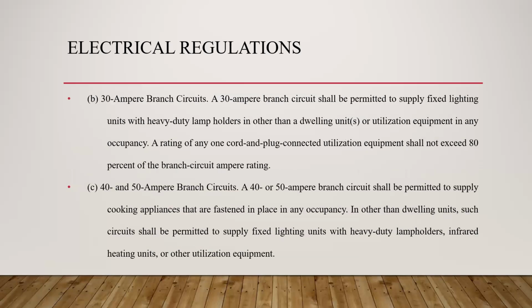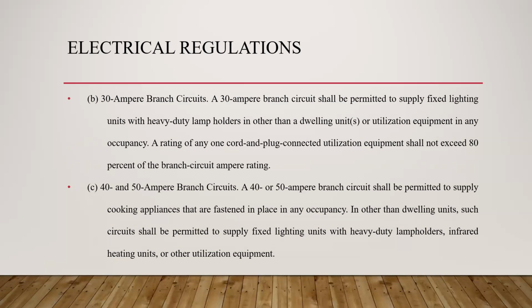Letter B, 30 ampere branch circuits shall be permitted to supply fixed lighting units with heavy-duty lamp holders in other than dwelling units, or utilization equipment in any occupancy. The rating of any one cord-and-plug connected utilization equipment shall not exceed 80% of the branch circuit ampere rating. So later, ma-incorporate natin sa ating mga sample problem.